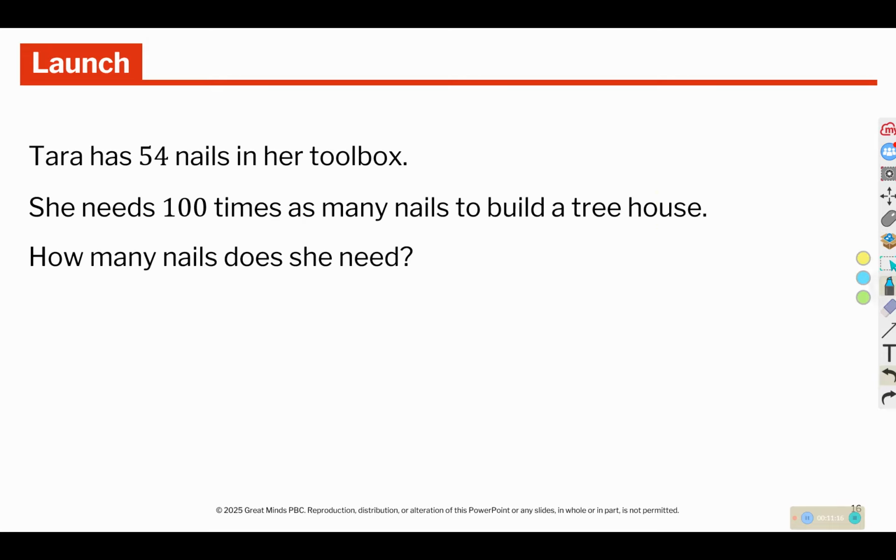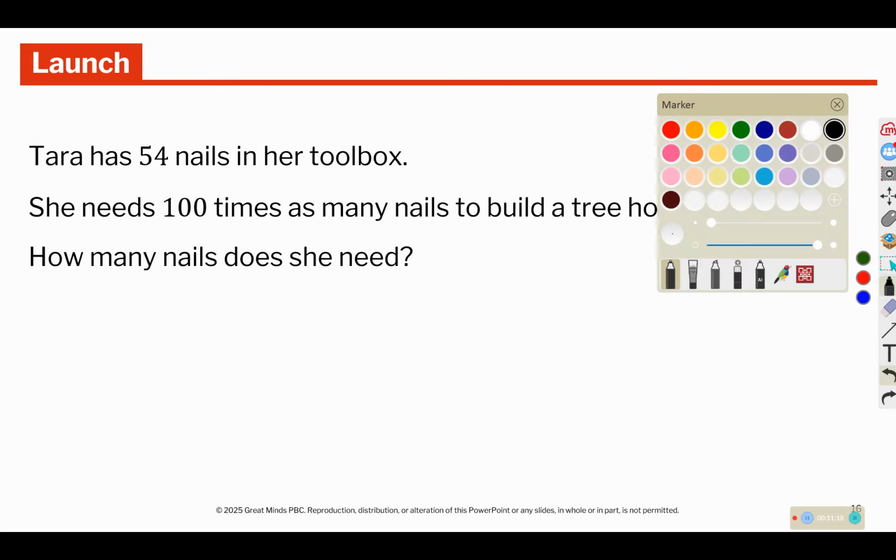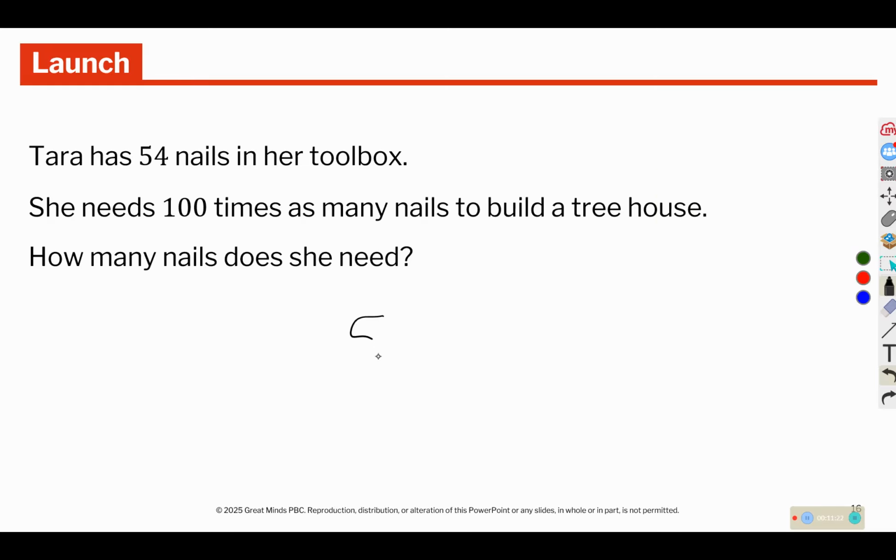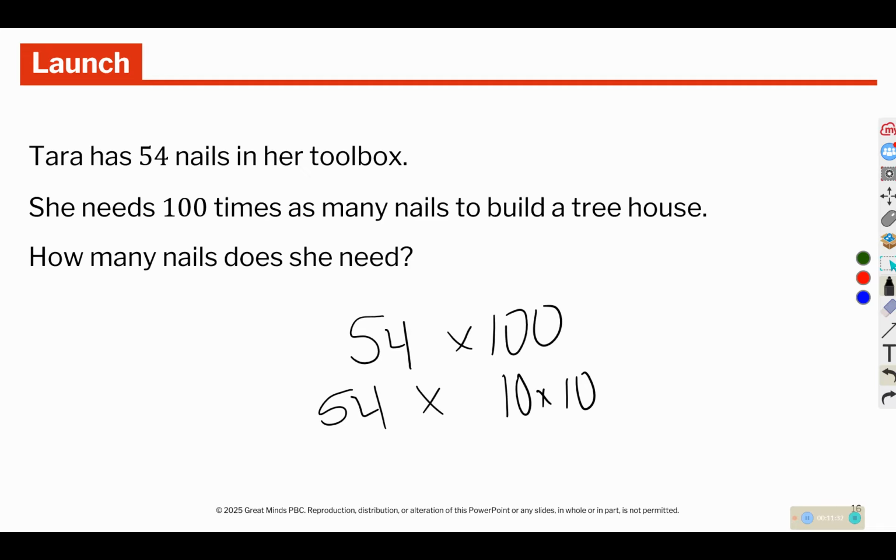You may also think of it as 54 times 100. Or you may know that 100 is made up of 10 times 10. So you could do 54 tens and multiply that answer by 10.